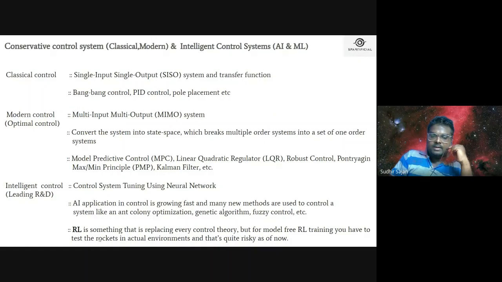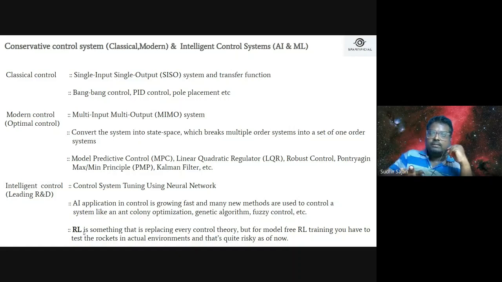Again, there are some limitations. Reinforcement learning is a feature of machine learning, but as of now it does not replace every control theory. It is getting blended with existing control theories and producing its own versions. It is still under hard research.